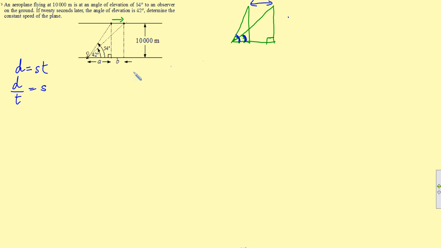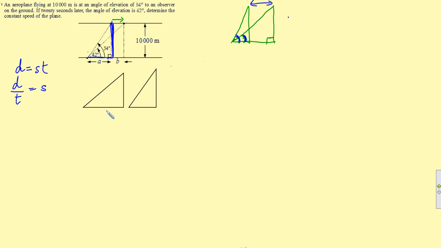And if I am now looking at the constant speed, the distance divided by the time should equal my speed. Okay? So let's start out by writing out two different equations. Let's start out with the information that's been given to us. We know that the first distance, let's call the first distance A, is this, and we know that the height is this.